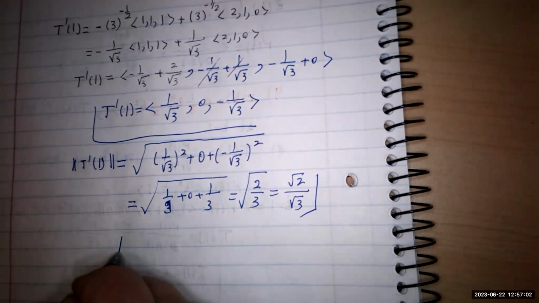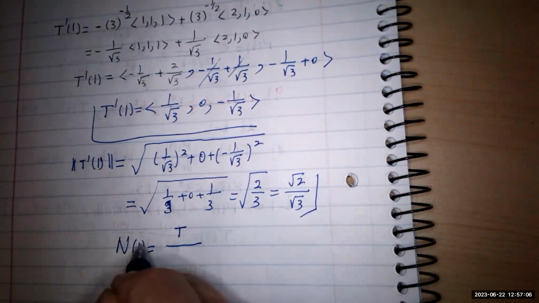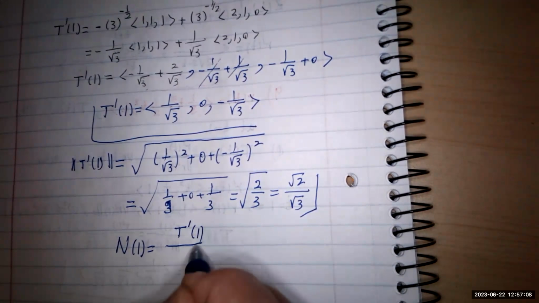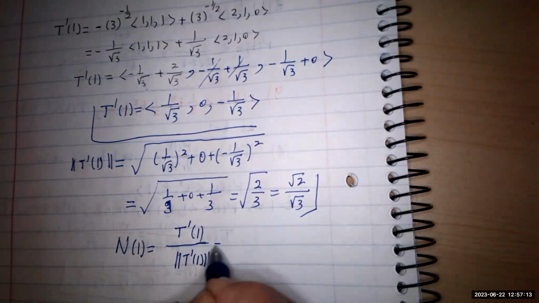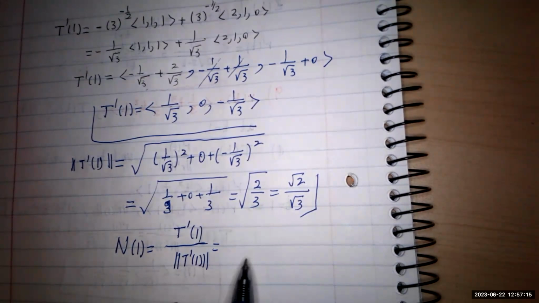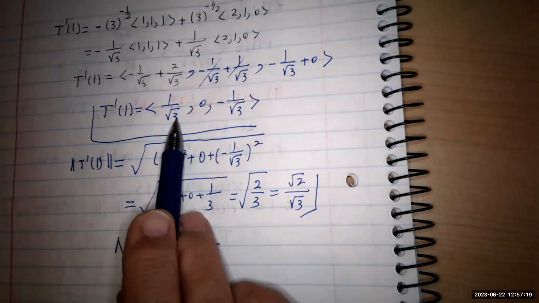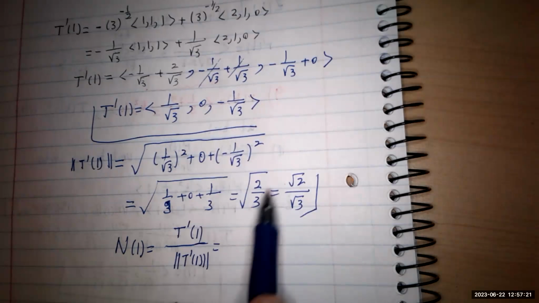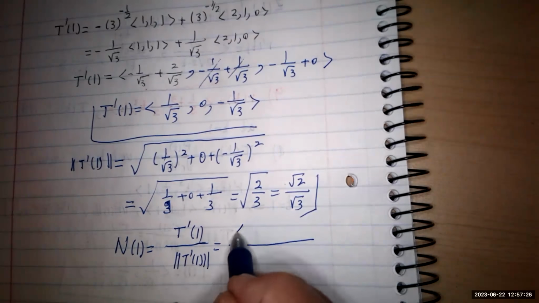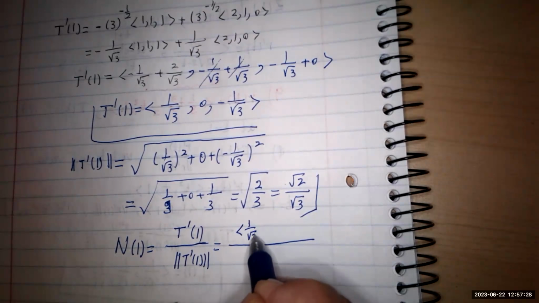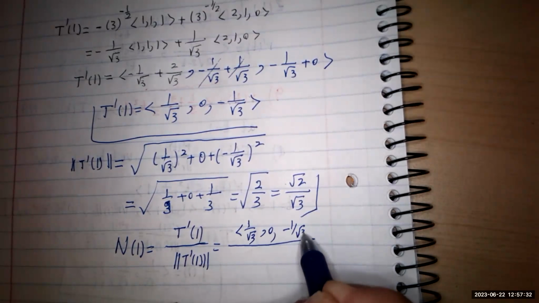So the unit normal vector at 1 is going to be T prime of 1 over the norm of T prime of 1. Just substitute. This is T prime of 1. So it is the vector 1 over radical 3, 0, negative 1 over radical 3.